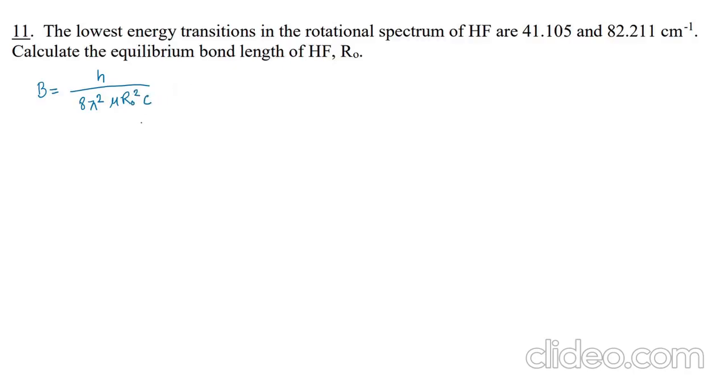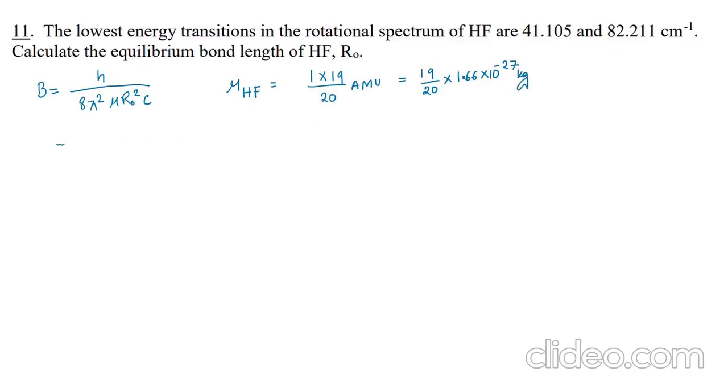So this is your rotational constant and mu is your reduced mass. It is given that it is HF, so let us calculate the reduced mass. So 1 into 19 by 20 AMU, which is 19 by 20 into 1.66 into 10 to the power minus 27 kilograms.